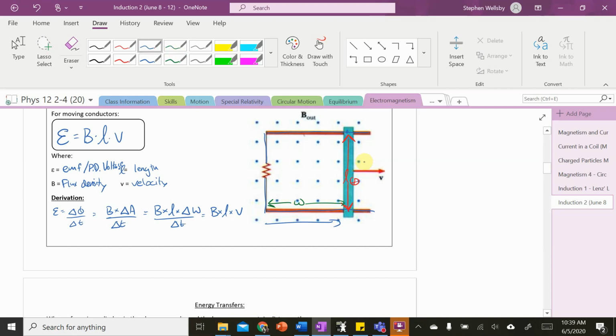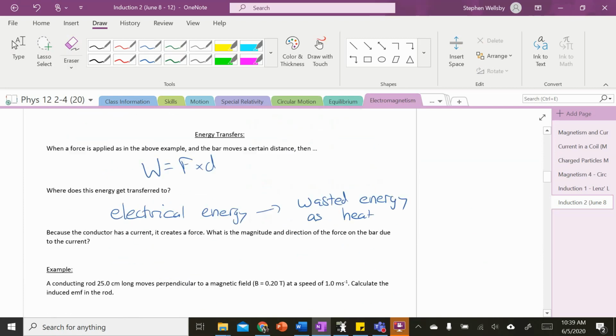And that means that the overall current direction is going to be this direction through the loop, this direction through here. So it's going to produce this counterclockwise current. Or sorry, clockwise current, I should say. So it's going down through this conductor here.